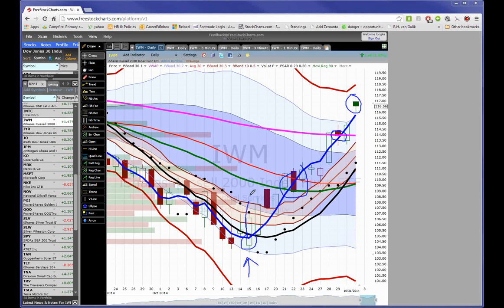Here was the move between the 270 and the RL10, and it zoomed right through. At this point here is where it could have and should have stalled if it was going to stall. It didn't. It blew right through the long term and is now pushing the upper envelope, and you can see that the Bollinger Band has started to turn.